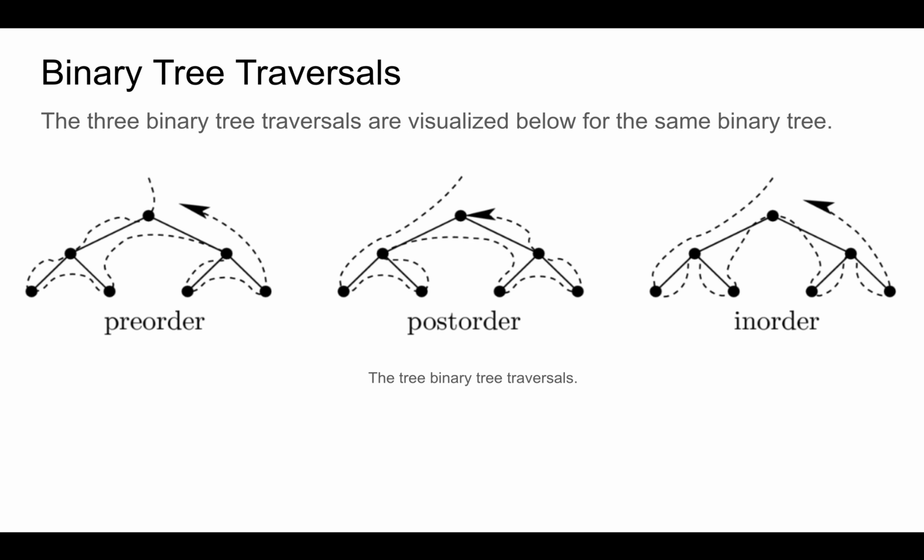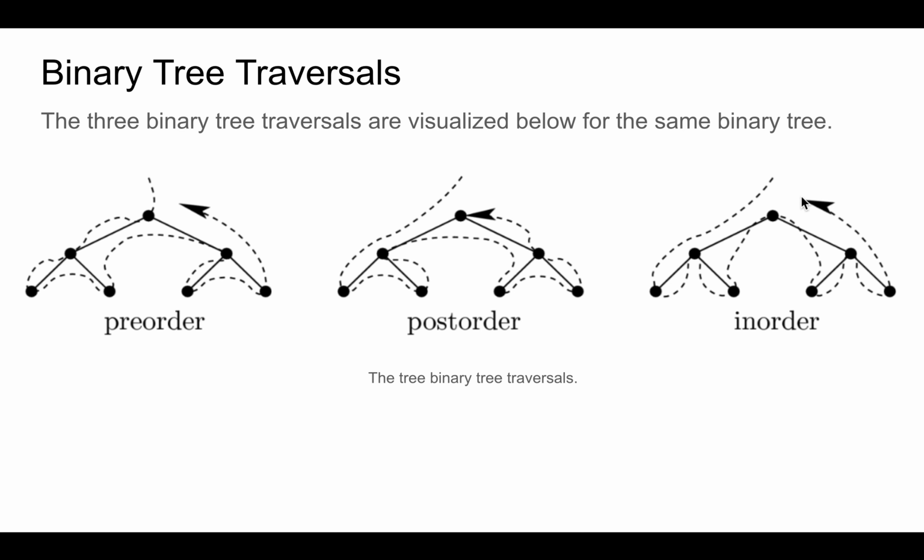So here's just a little diagram of the 3 binary search tree traversals visualized for the same binary tree. In Inorder, the first one we looked at, we are traversing them in the order that gives the values from smallest to largest.